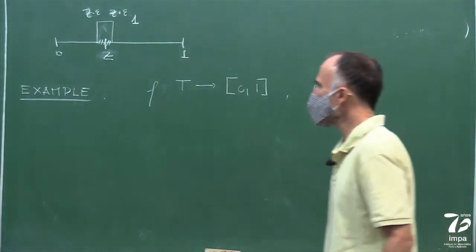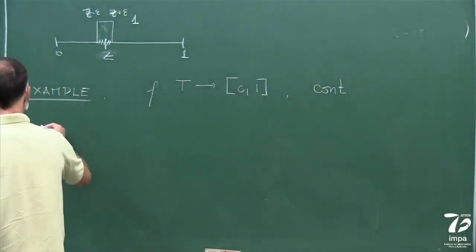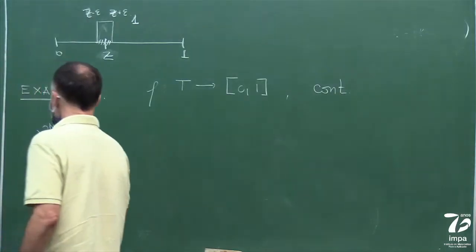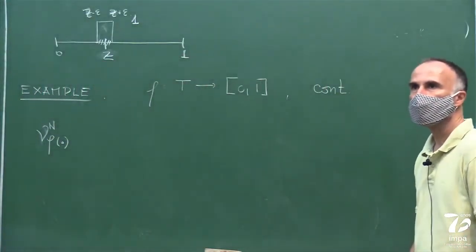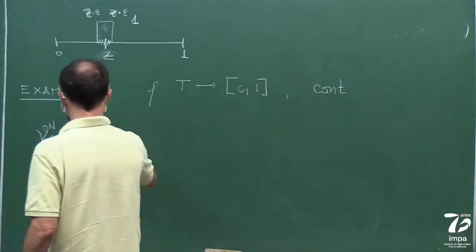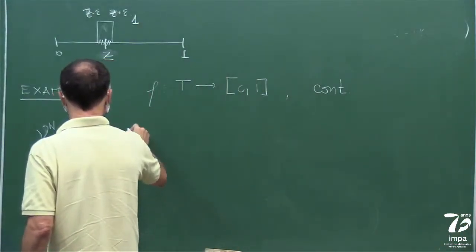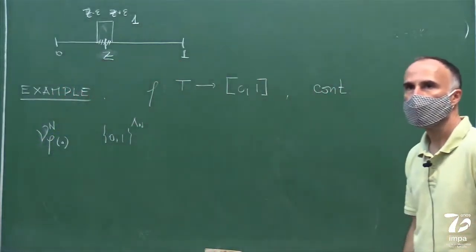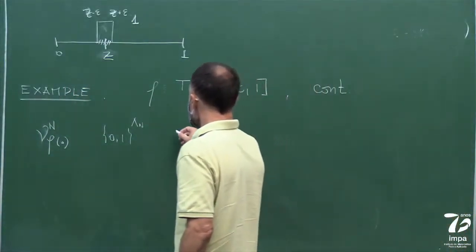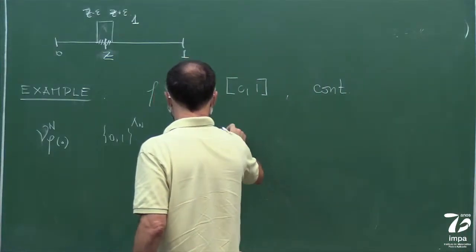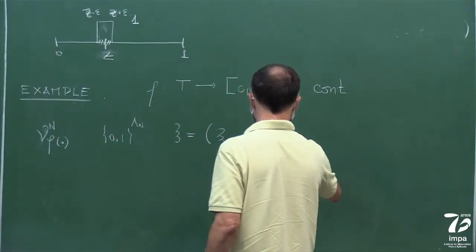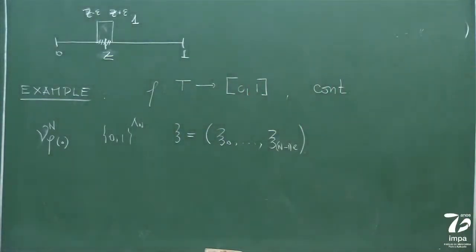Now, I will define a sequence of measures. So this sequence of measures, I will represent it by nu n rho. So this is a probability measure on my space {0, 1} to the power lambda n. So these are the configurations, xi(0) up to xi(n minus 1).